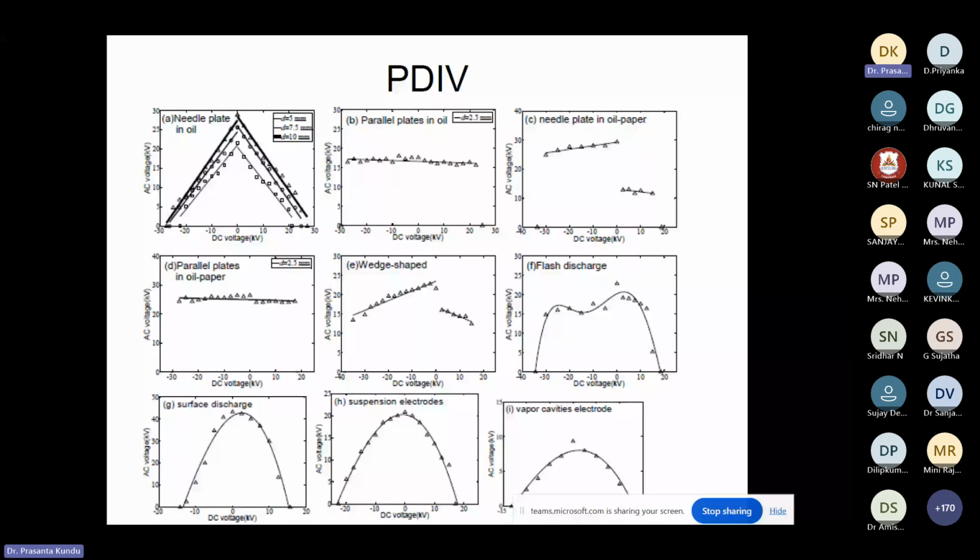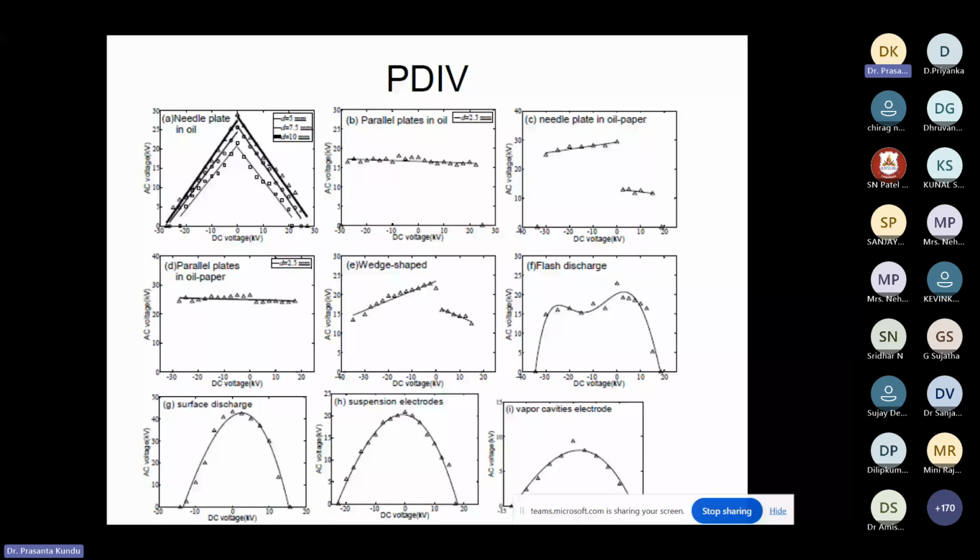And if you keep on increasing the voltage, 8 kV, 10 kV, 20 kV, PD will keep on increasing. Then if we start reducing the voltage again, 20 kV, 10 kV, it will not extinguish at 8 kV. So that is the extinction voltage. Normally it extinguishes at a slightly lower voltage.